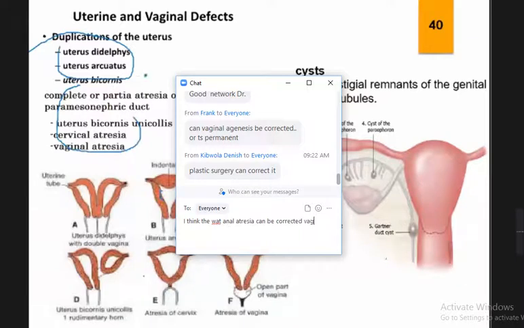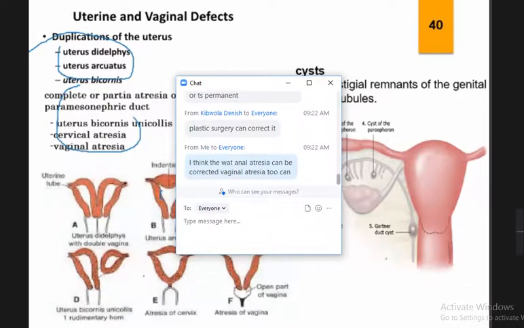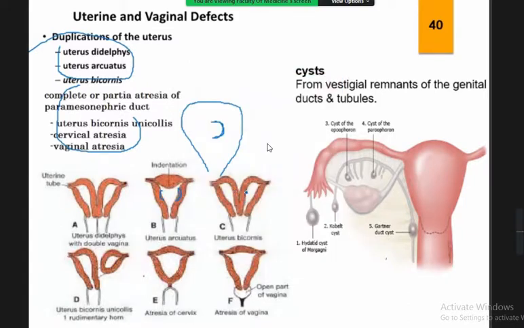The arcuate uterus. And there is another one that is also associated with a failure of complete regression. All these are failure of complete regression of the septum, or an incomplete formation of the cavity.